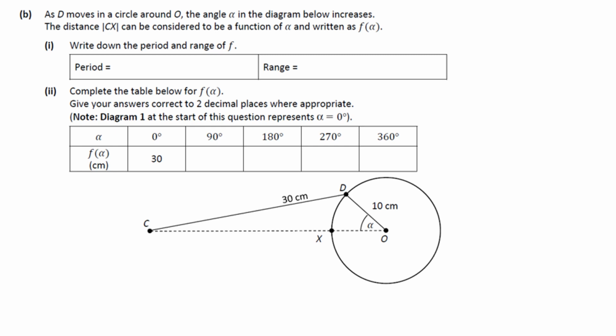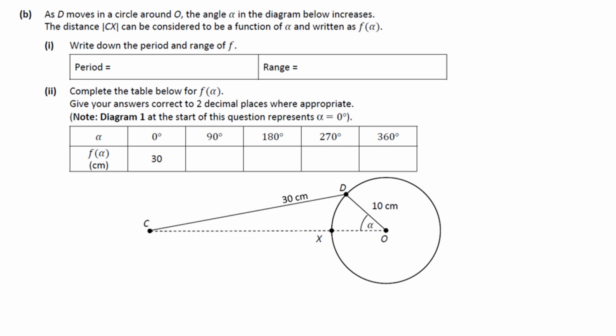So part B: as D moves in a circle around O, the angle alpha, which we worked out for one position, increases. The distance CX can be considered to be a function of alpha and written as f of alpha.